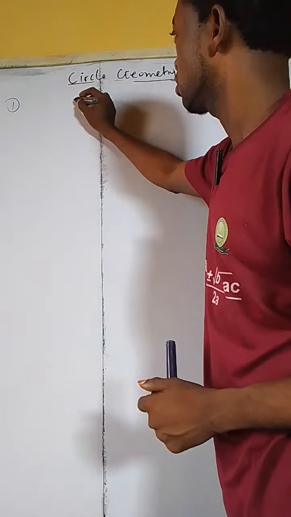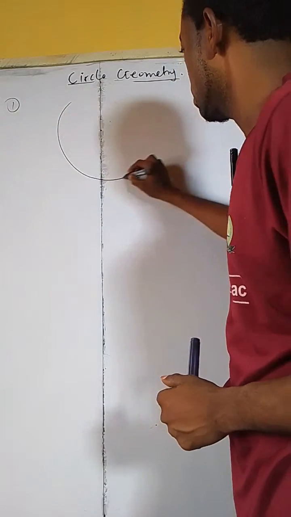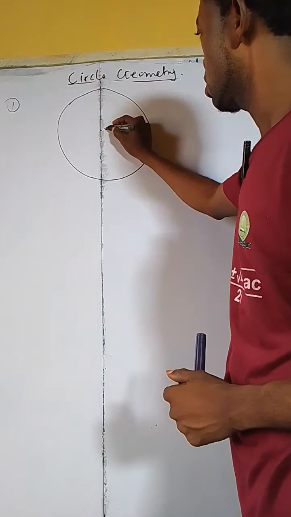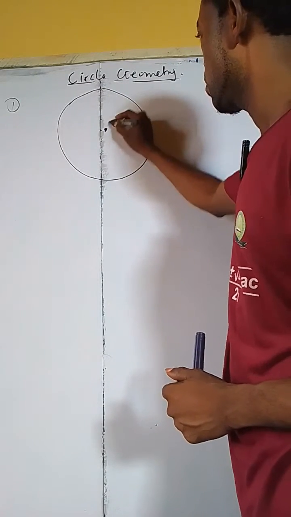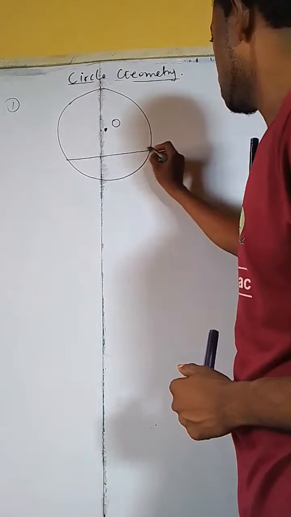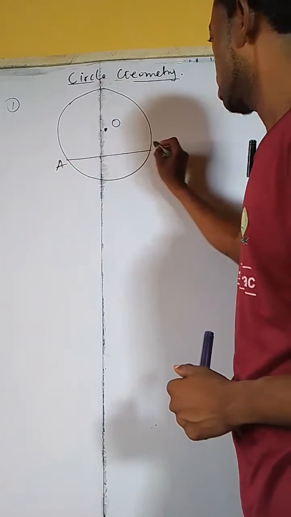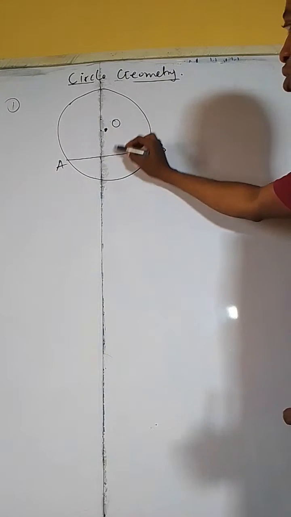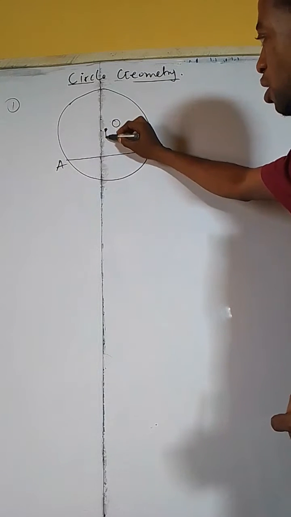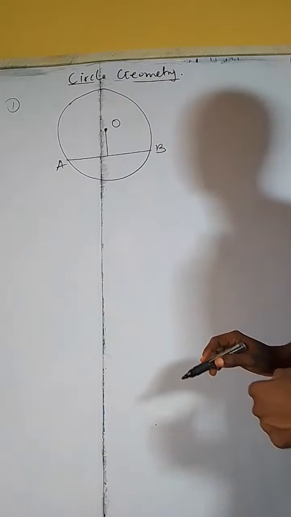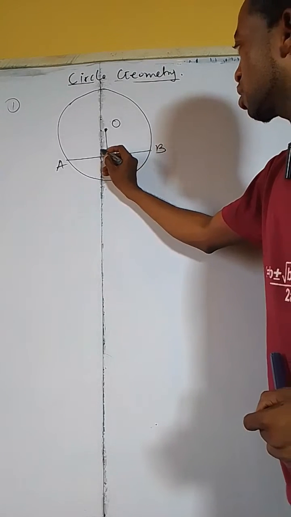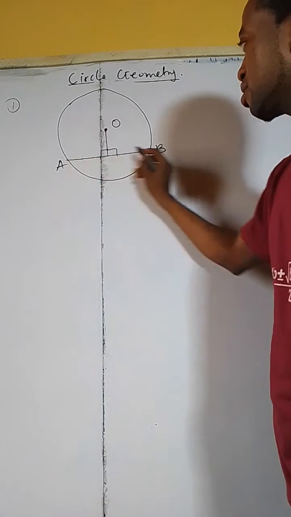So let's see from here, when we have a circle at center O, then we have a chord AB. Now, a line that is drawn from the center of this circle to this chord here meets at angle 90 degrees with the chord, and also bisects this chord.